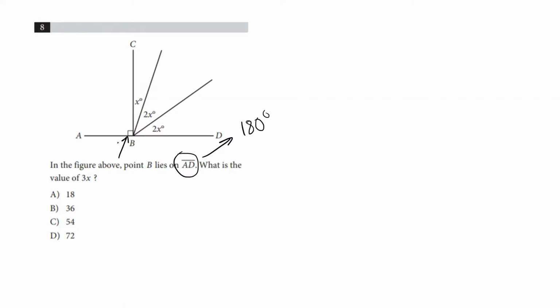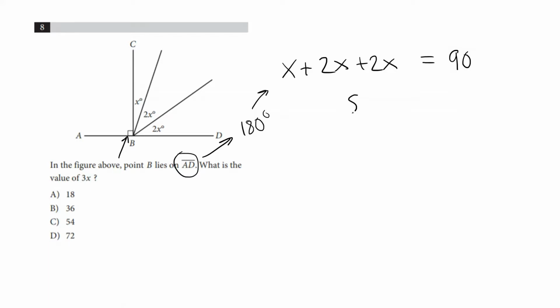Therefore, if there is a line split, and you have a 90-degree angle on one side, it stands to reason that the other side, right over here, so x plus 2x plus 2x must also be equal to 90 degrees, with the x's being slices of the opposing angle.